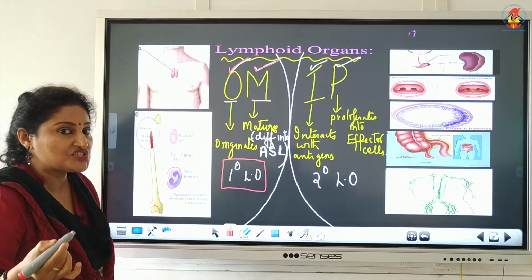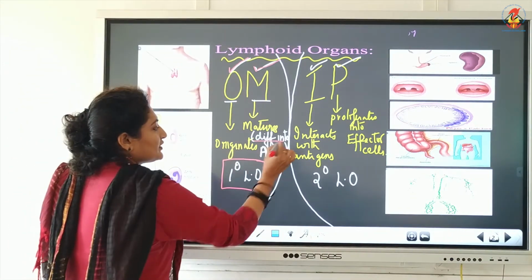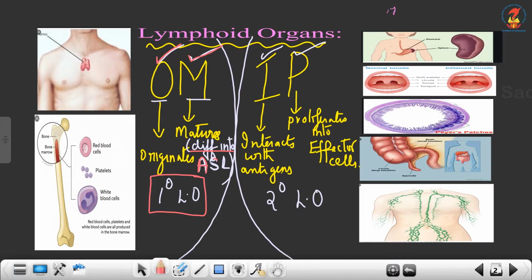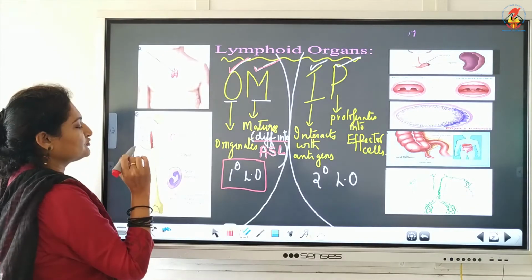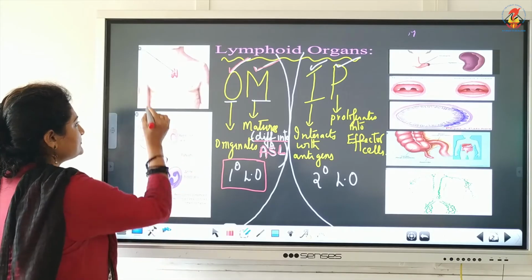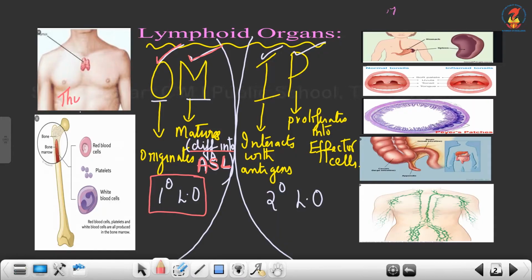By differentiating into antigen sensitive lymphocytes. So here also I have given an abbreviation that you will never forget, ASL. They differentiate into antigen sensitive lymphocytes. And the examples for primary lymphoid organs are thymus and bone marrow.